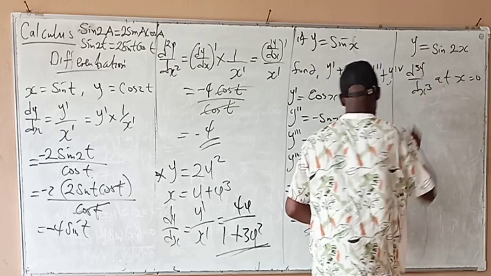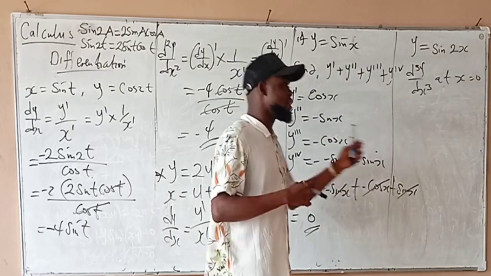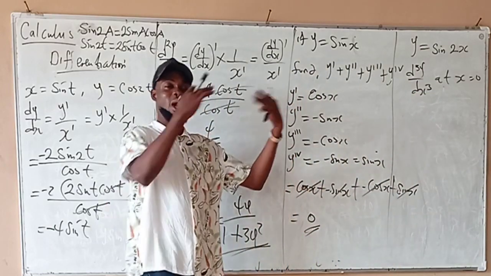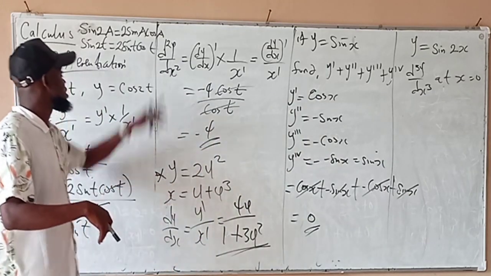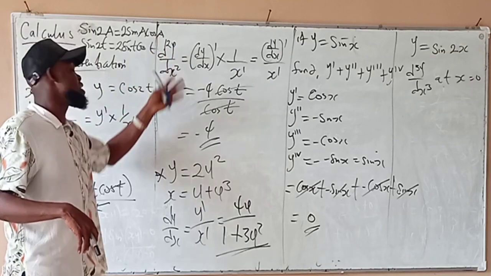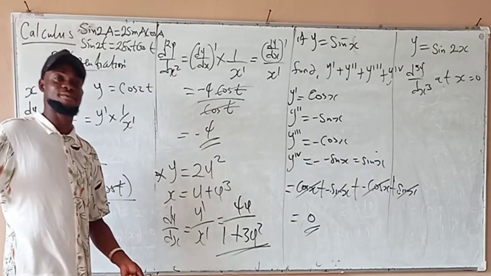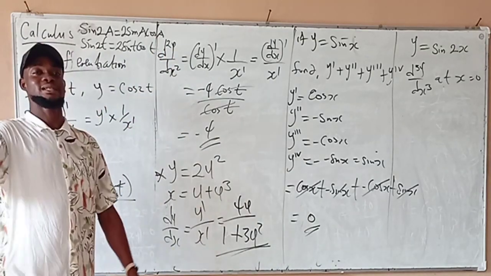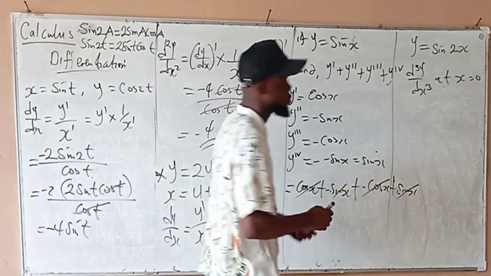This means differentiate this. Look at it. dy over dx means differentiate once. d squared y over dx squared means we differentiate 2 times. d cubed y over dx cubed, 3 times. d fourth y over dx fourth, 4 times, 5 times, 6 times. Take note of that too.